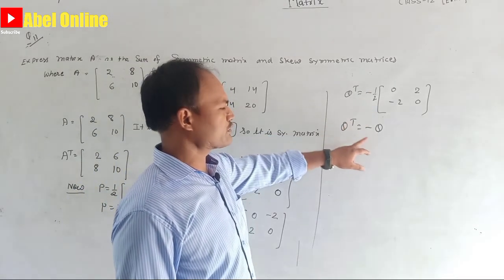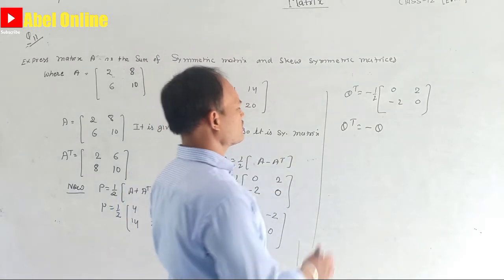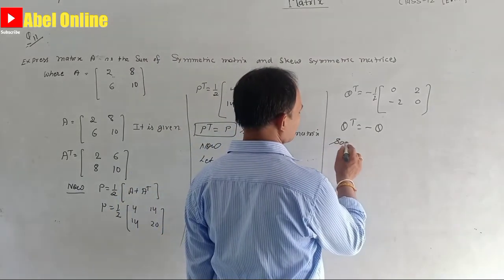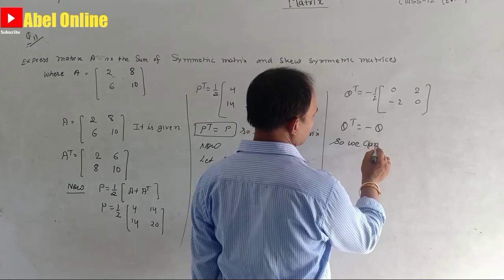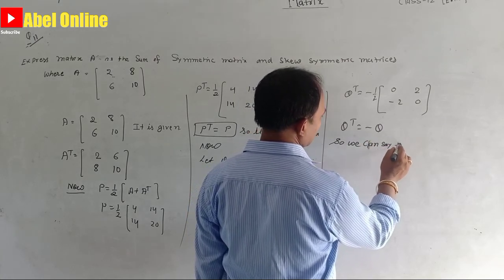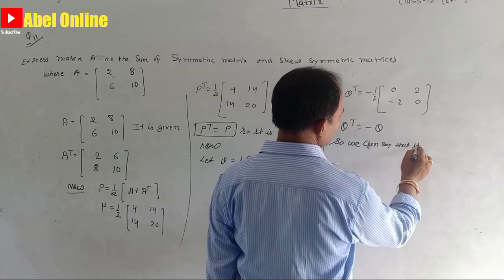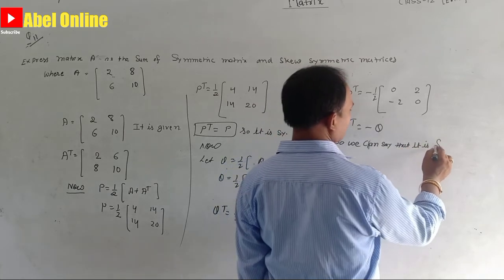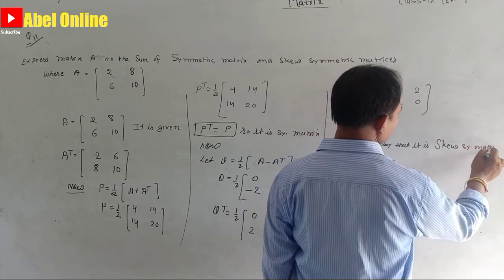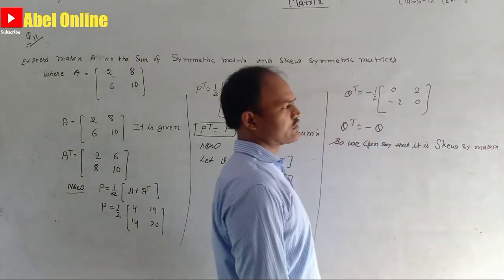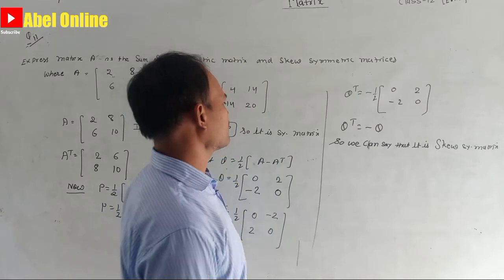So we can say Q transpose equals minus Q. So we can say that it is a skew symmetric matrix.